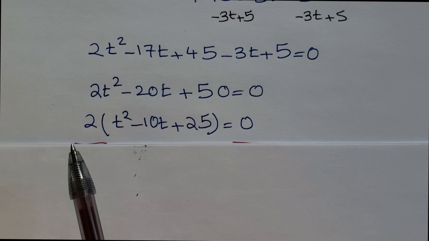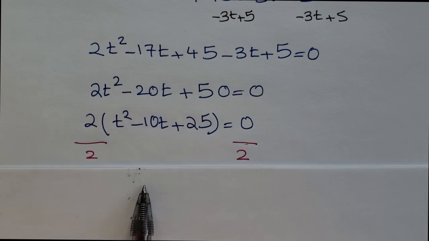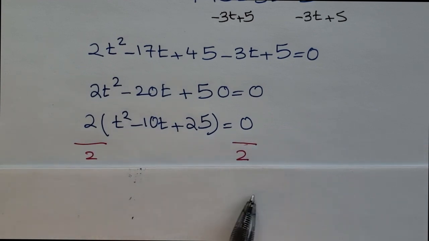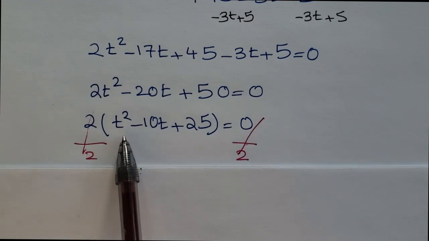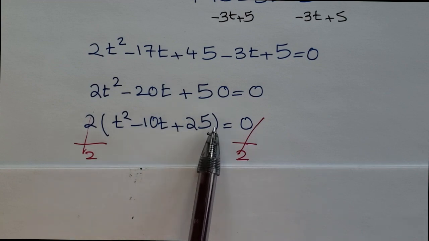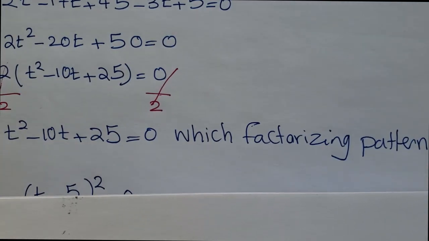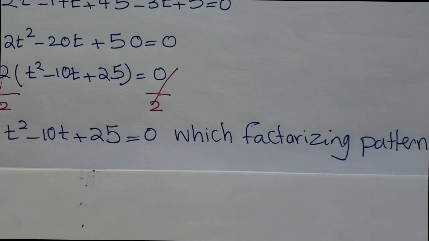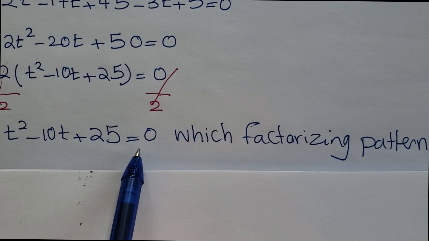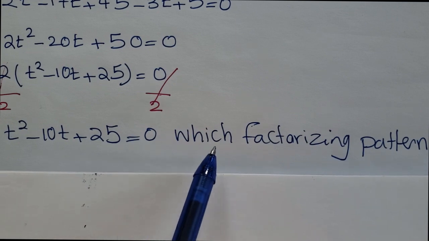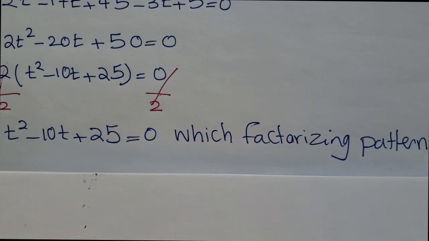Then I'll divide both sides by 2, and the 2s cancel out. 0 divided by 2 is 0. So that means t to the power 2 minus 10t plus 25 is equal to 0. Now you have to see which factorizing pattern this is.